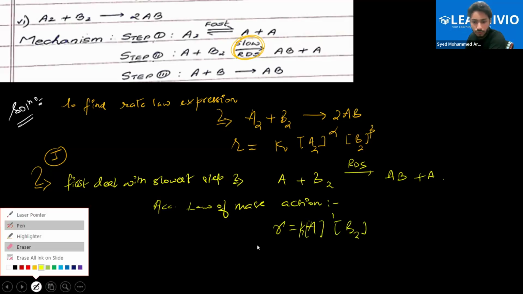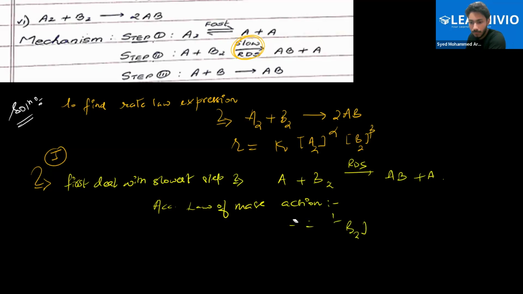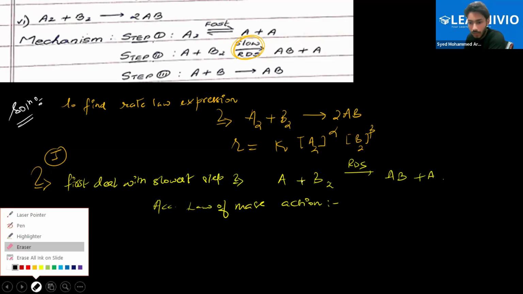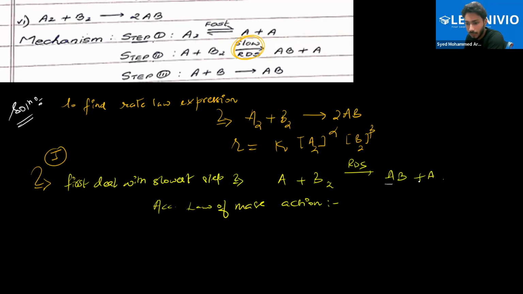I have to first do the stoichiometry and balance the equation. The equation is not balanced. On the LHS, 2A is there, so I have to multiply here with 2 and here with 2. And 2B are there, it means I have to multiply this with half, so that 1B is there, 1B is there, 2A is there, 2A is there. Understood?